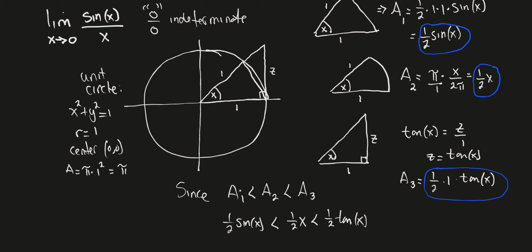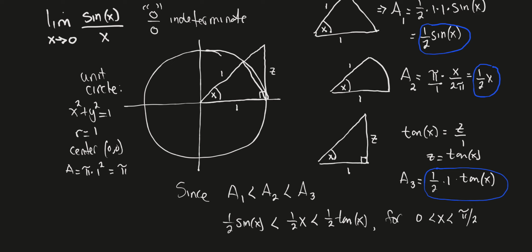The only assumption we're making here is that x is somewhere between 0 and pi over 2 because we're in the first quadrant, so this is for these values of x.